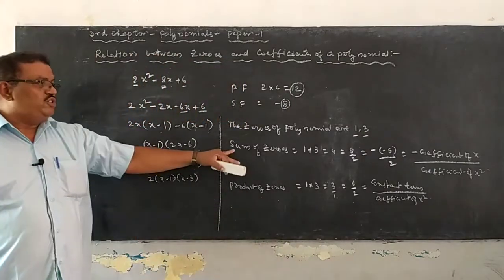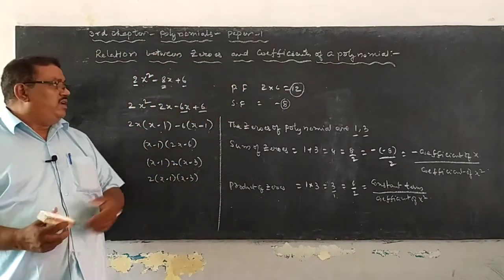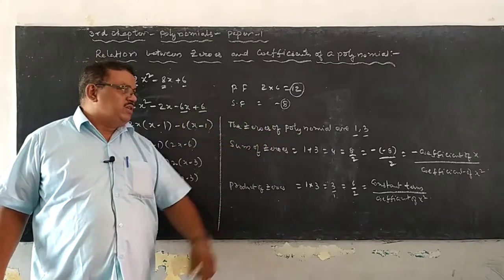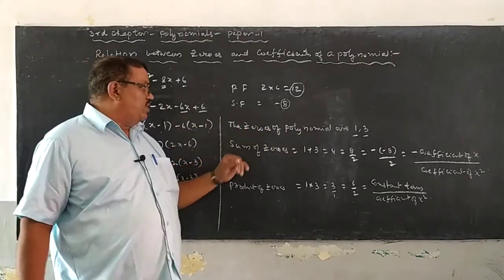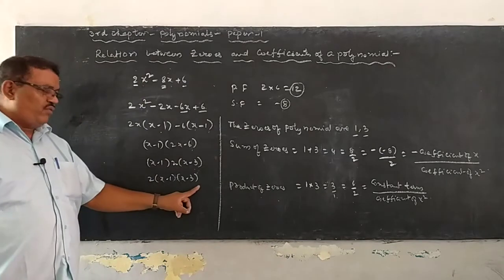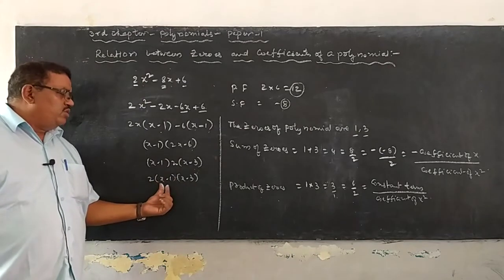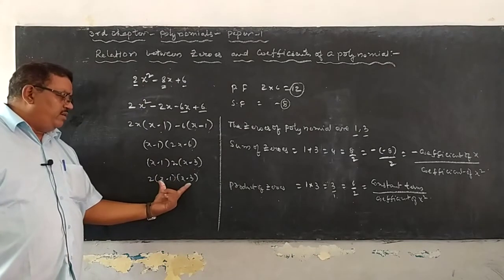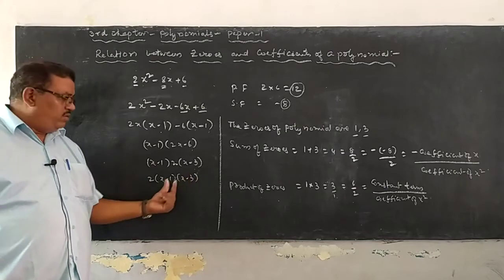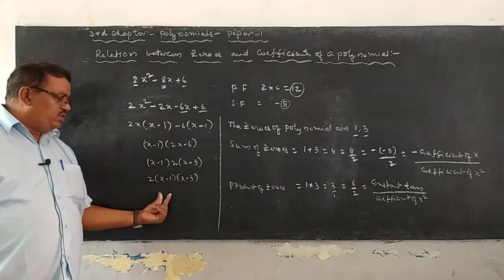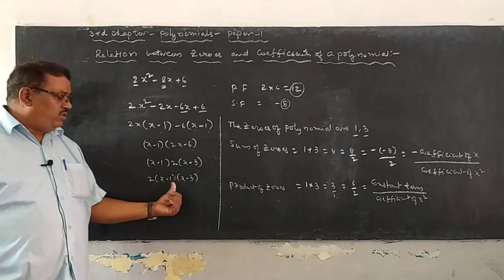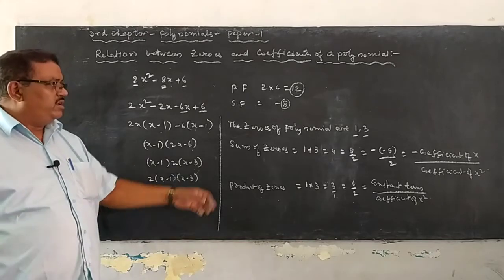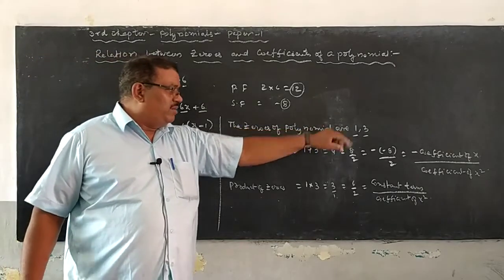These are the sum of zeros and product of zeros of the polynomial. What are the zeros? To get the zeros of the polynomial, p of x equals 0, so x minus 1 equals 0 and x minus 3 equals 0, x is 1, x is 3.